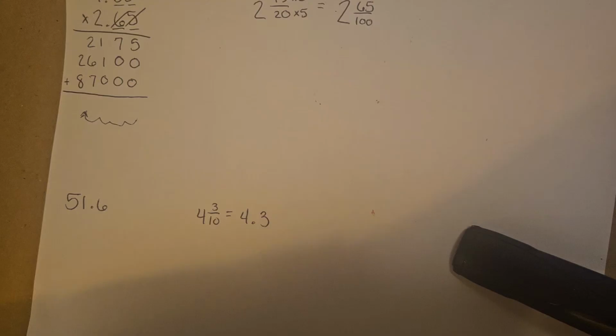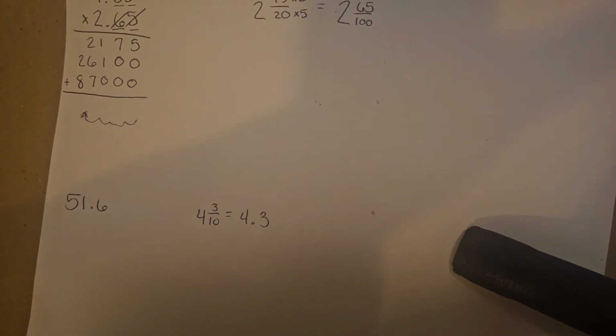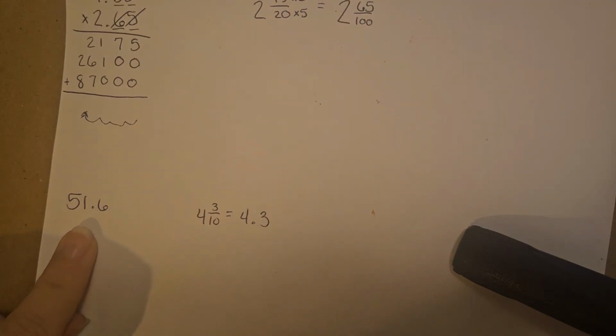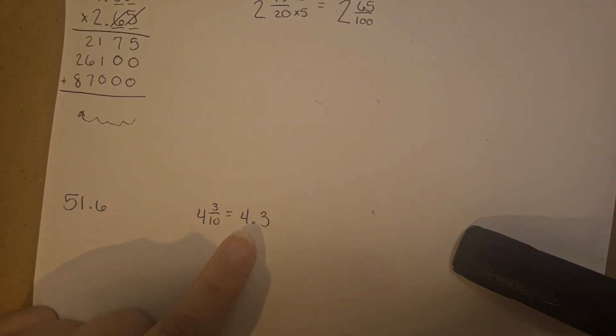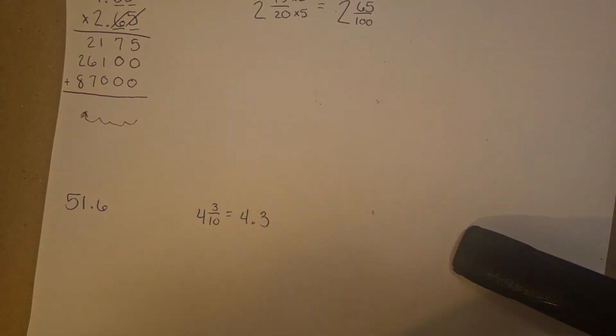So we have 51 6/10, and we have 4 3/10, but we can make that a decimal really easily. 4 3/10. These are said the same way. Okay. So she has a spool of ribbon that's this long, and she wants to cut it up to make smaller bows.